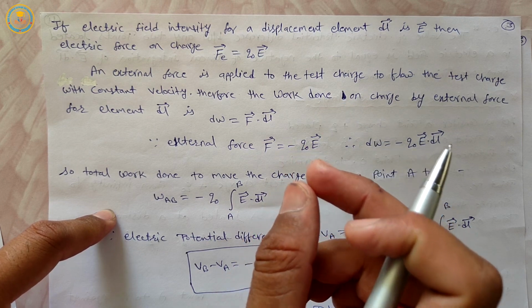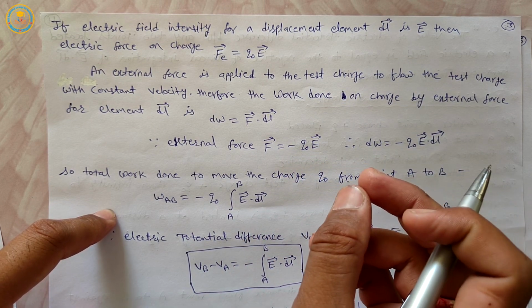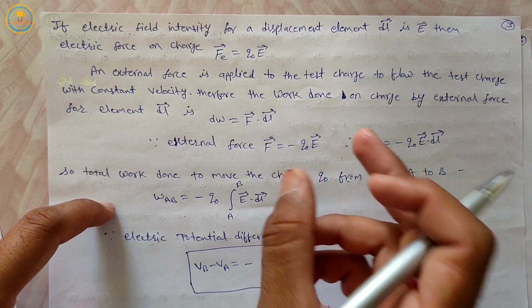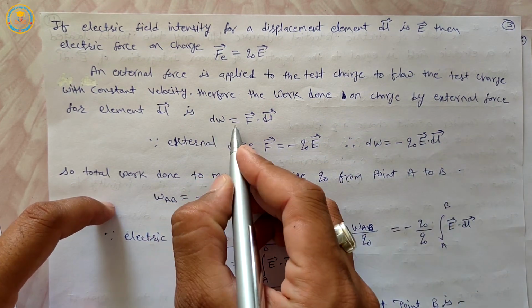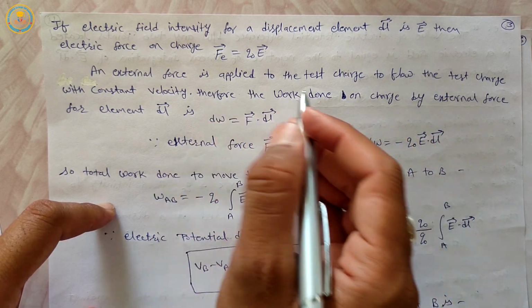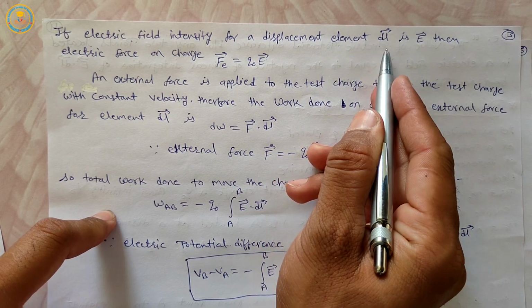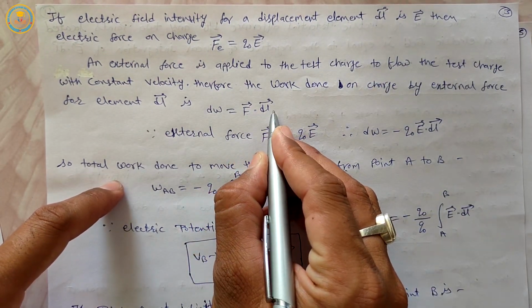Therefore, the work done on the charge by the external force for element dl, we know, is force into displacement. So dW is the work done for this displacement element dl.